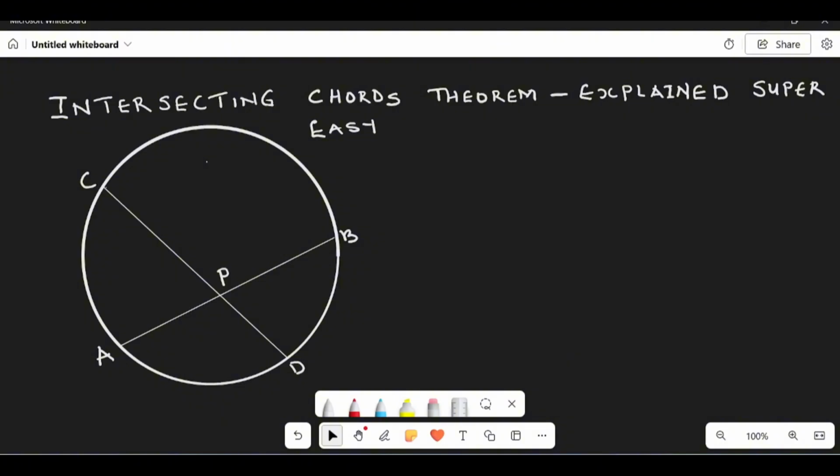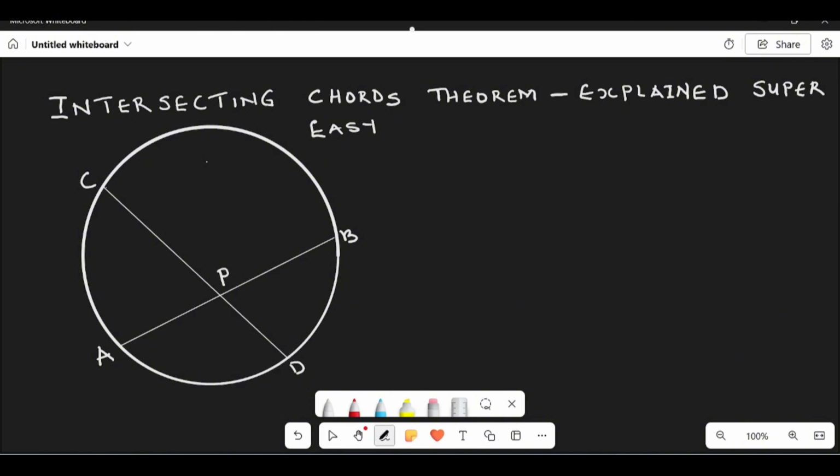The intersecting chords theorem states that if two chords of a circle intersect inside the circle, then the product of the segments of one chord is equal to the product of the segments of the other chord. The theorem says that the product of AP and PB is equal to the product of CP and PD.